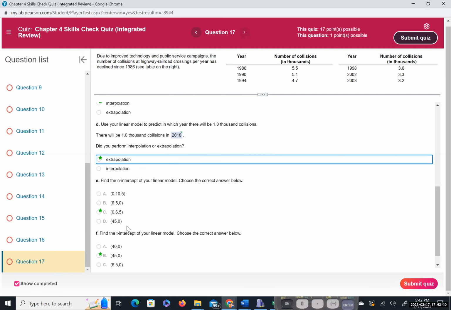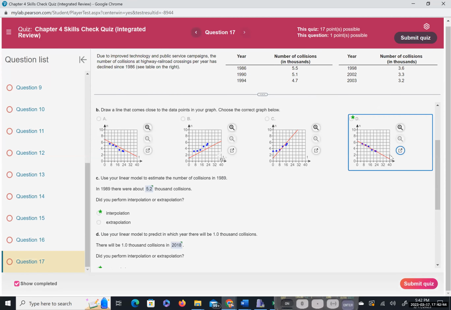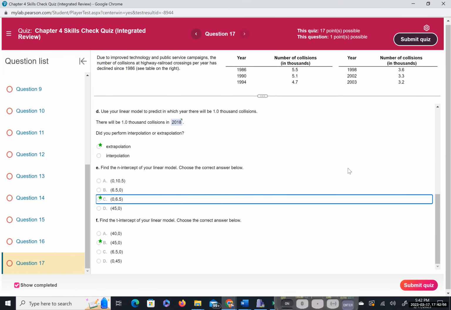Find the t-intercept. Right, so look at the t-intercept. I don't see the t-intercept at all. It's just outside of that. So let's see what they say. 45.